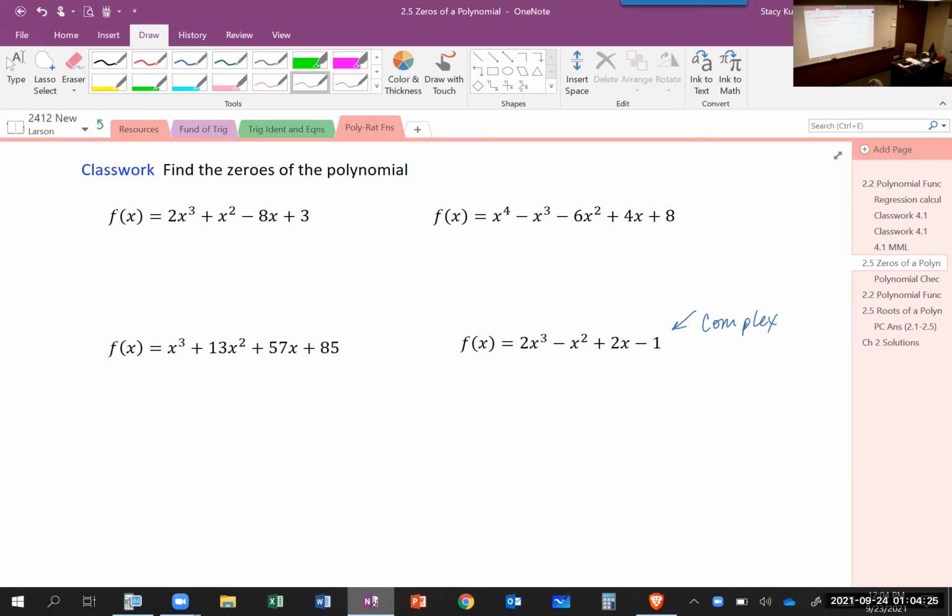And all of those are plus or minus. So we basically just plug them in. Are you plugging in just the P values or the P over Q? It's P over Q. Whenever Q is 1, then we only have to use P.